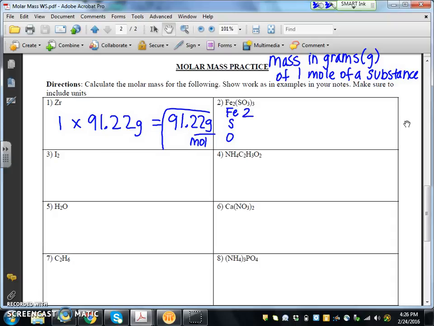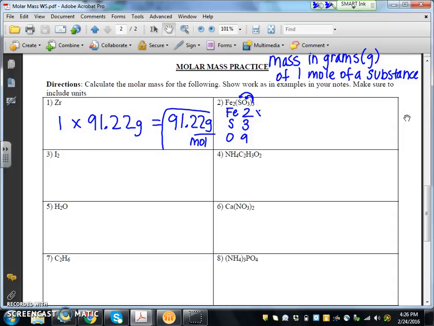I have 1 sulfur atom inside the parenthesis, but the 3 that is outside the parenthesis gets multiplied to everything inside. So that means 3 times 1 sulfur will give me 3 sulfurs, and 3 times 3 oxygens will give me 9 oxygens. So now that I've counted up my atoms, I'm going to look up the masses of each element on the periodic table.